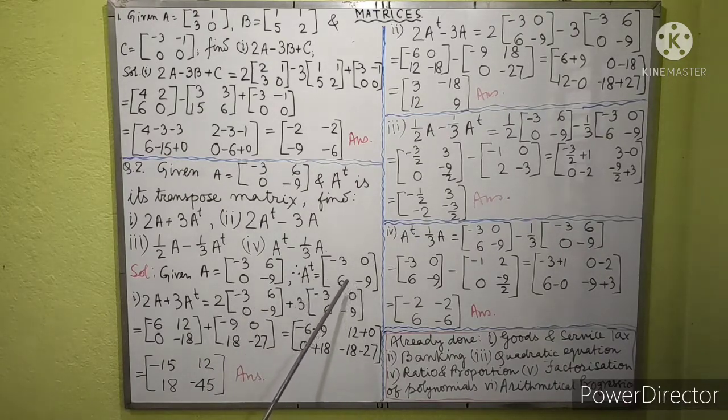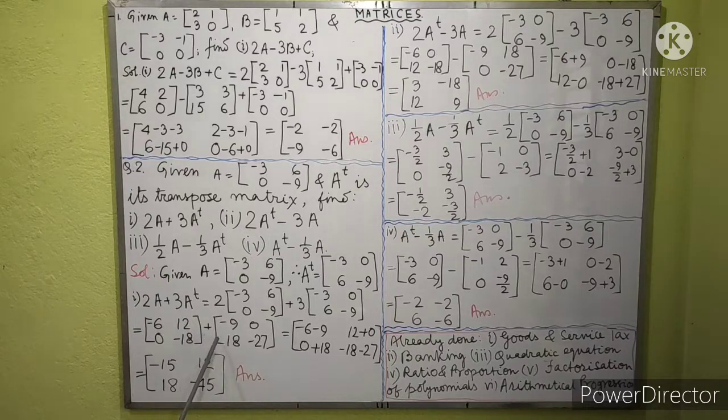So this is AT, the transpose matrix of A. Now 2A plus 3AT: by multiplying 2 we get [-6 12; 0 -18], and multiplying 3 with the transpose we get [-9 0; 18 -27].